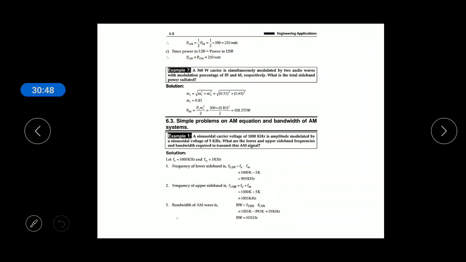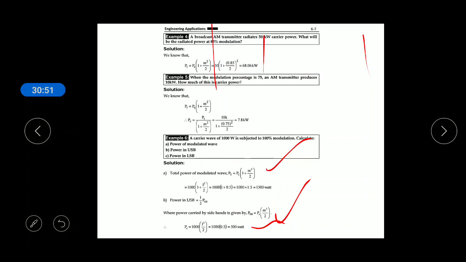That is about example 6. In example 6, they provided carrier power and m value. We calculated total power, upper sideband power and lower sideband power.